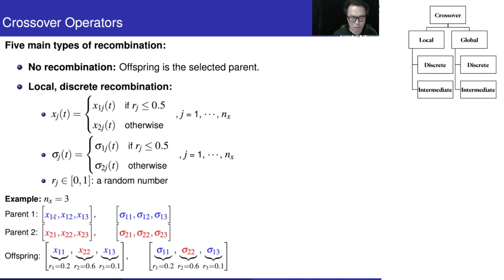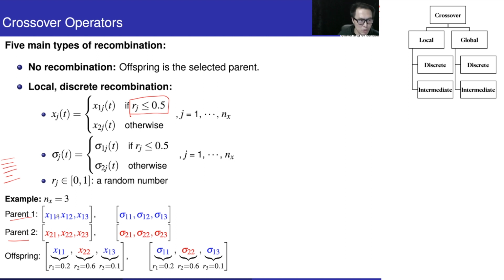Now this is an example. When you look at this example, it shows clearly what we are going to do. Assume that we have parent 1 and parent 2, picked from a population. The first parent is indicated by the blue color, and parent 2 by the red color. Now according to this condition, J is the position in the parent.